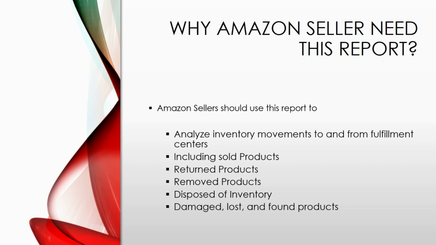The report also shows you the fulfillment center name and location. You will also have sold products, returned products, removed products, disposed inventory, and damaged, lost, and found products. All these things are going to be in this one report.